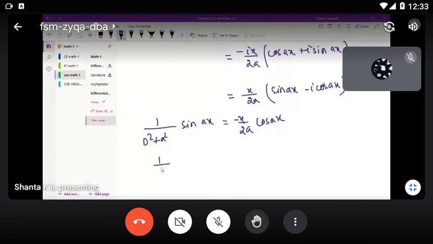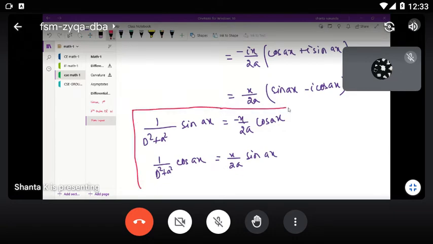If you want, you can solve it for the e power i ax, or you can directly use this formula also: for cos ax, x by 2a sin ax. So this is the formula. If you want, you can directly use it, if all the conditions are satisfied.